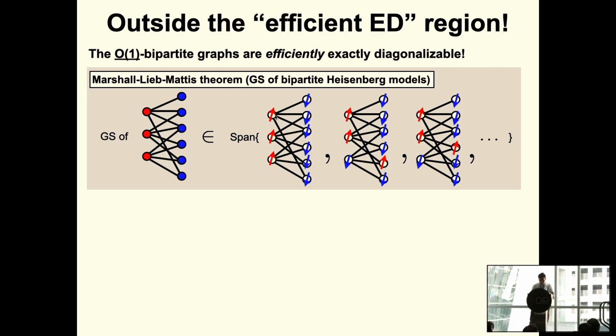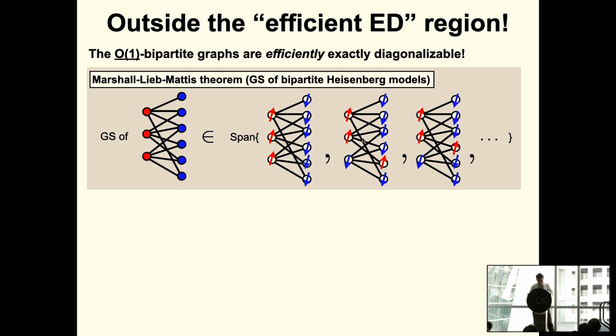Basically, you only need k different up spins, and everyone else is pointing down, so you only have n choose k different z-basis states that you need to consider. So you can do exact diagonalization in that smaller subspace, and that's only going to be polynomial time.